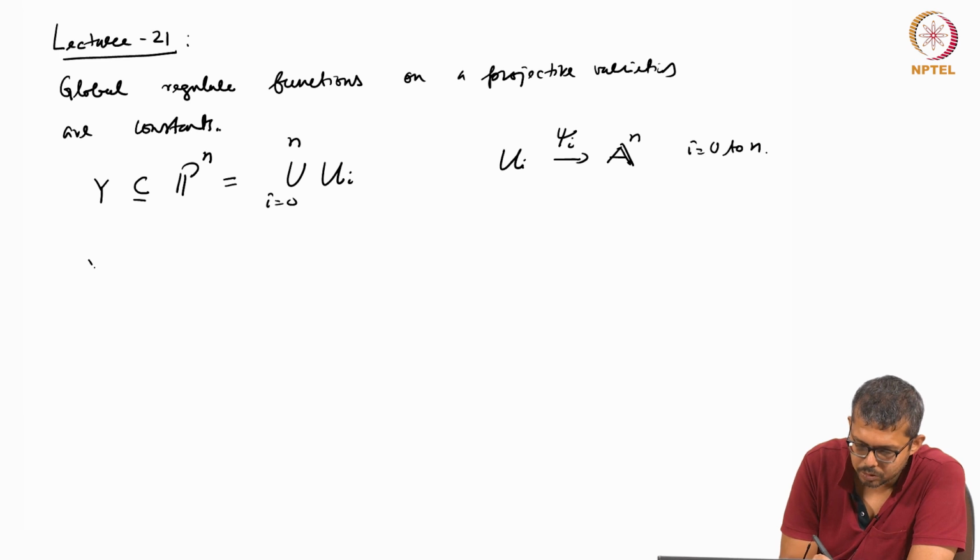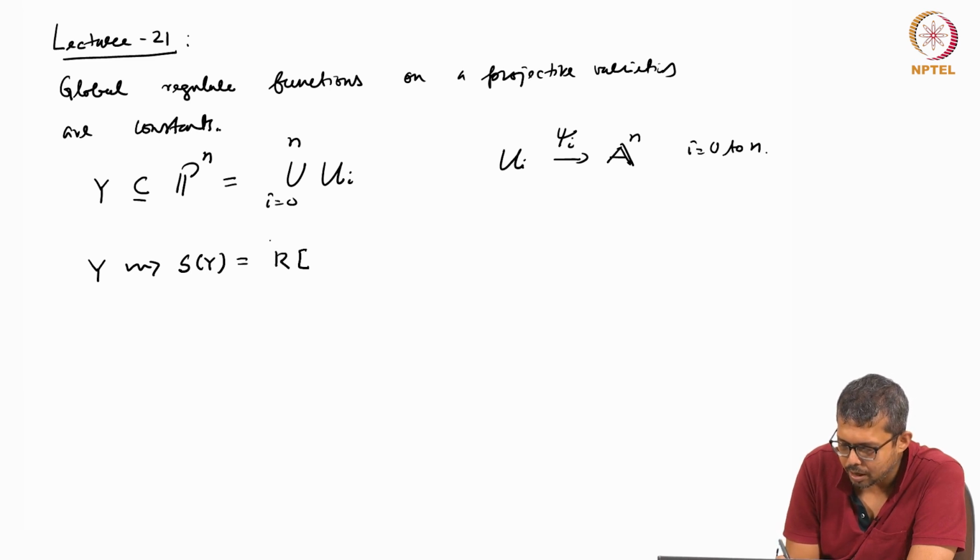So if Y is a projective variety, with Y you can associate the homogeneous coordinate ring. The varieties are over a field K. So it is K[x0, ..., xn] modulo some prime ideal, I am writing it as IY.